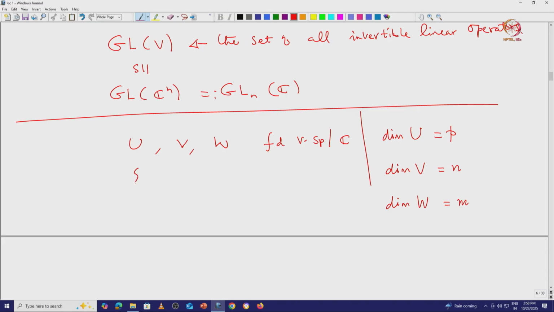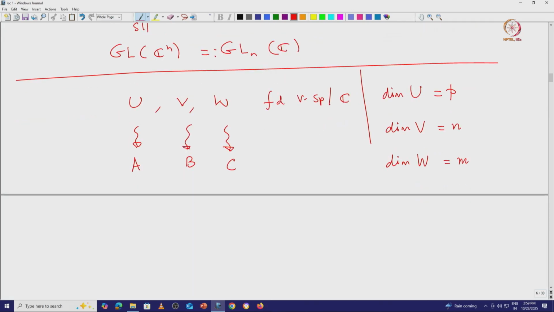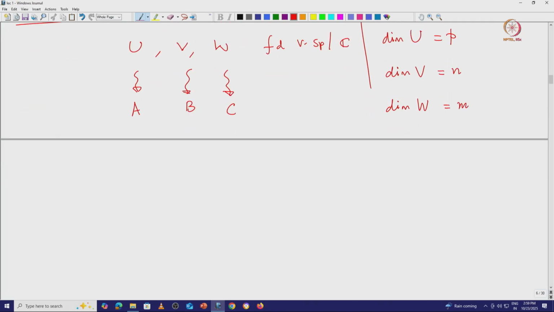Okay. So, now we fix bases of U, V, W. Let us call A the basis of U, B the basis of V, and C the basis of W. Now let us say we have linear transformations defined from U to V and then V to W. From U to V we have the linear transformation T1, and from V to W we have another linear transformation T2.